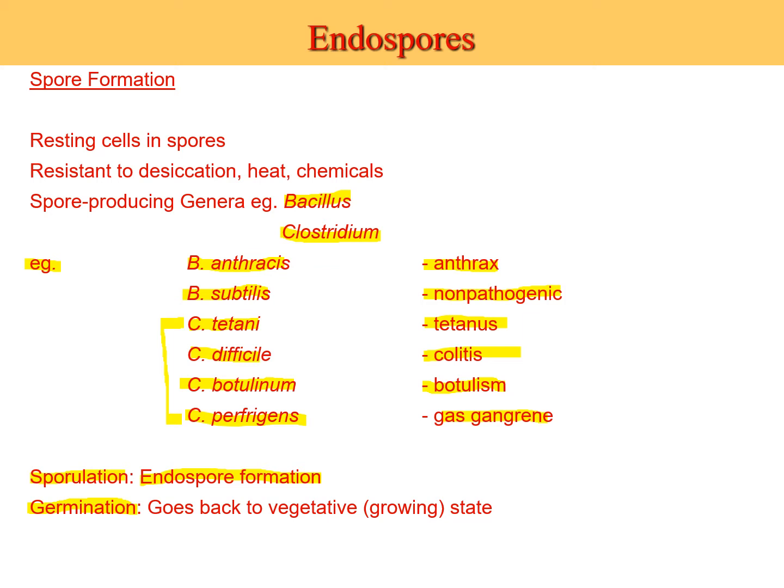Well, in this case, the spores, once they're in surrounding conditions that are conducive, that are proper for growth, will germinate. You get the breaking open of the spore and a bacterial organism comes out, and it can start growing in its vegetative state.